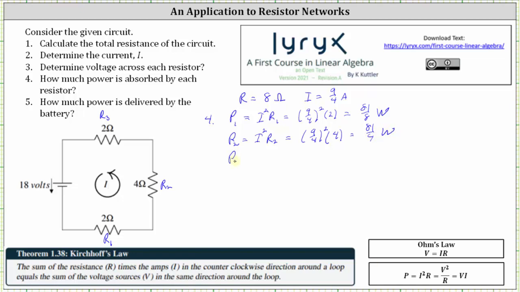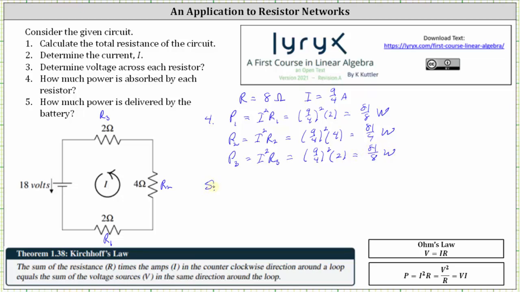And P sub 3 is equal to I squared times R sub 3, which is the square of 9/4 amps, times R sub 3, which is 2, which we already found for P sub 1, which is 81/8 watts.